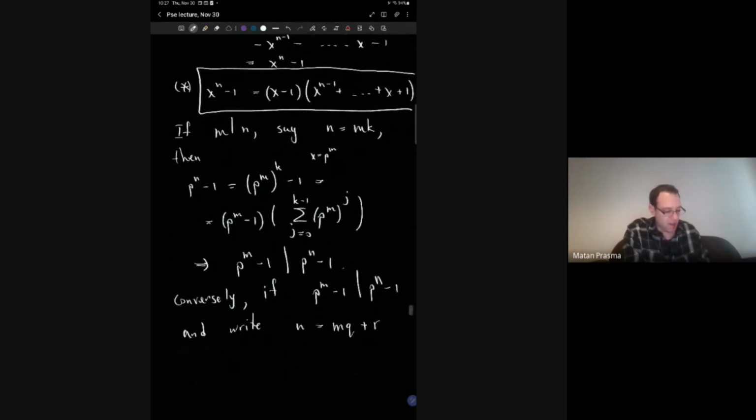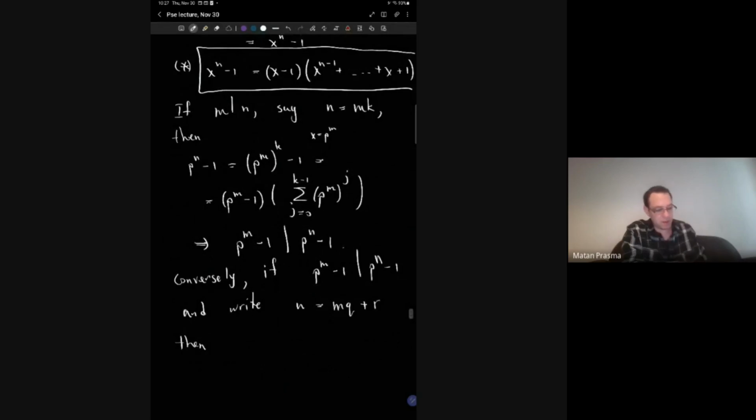Then, of course, this r is smaller than m and bigger or equal to 0.